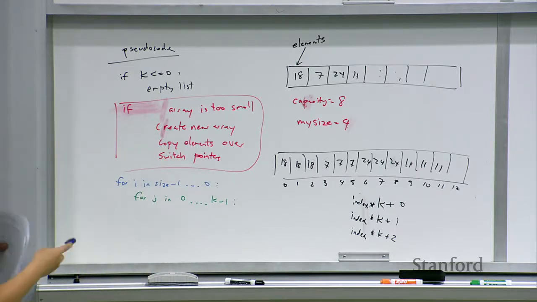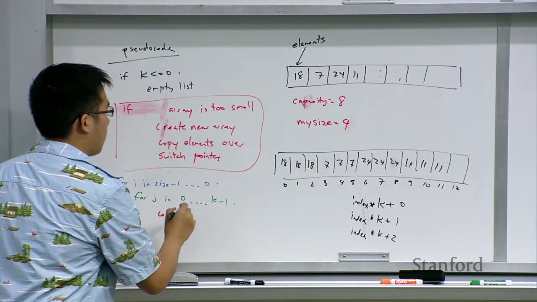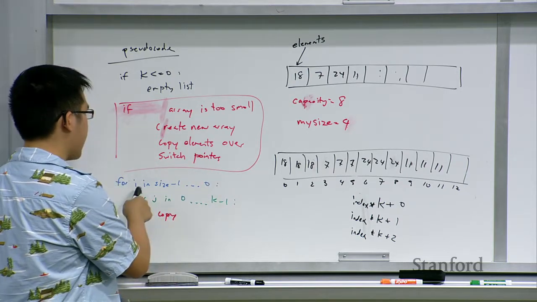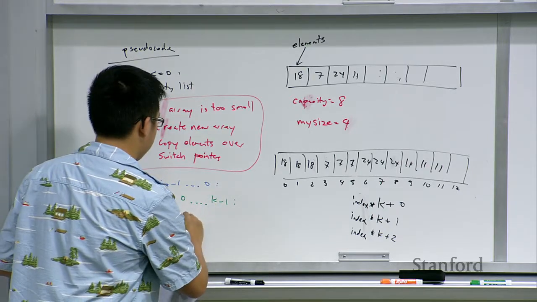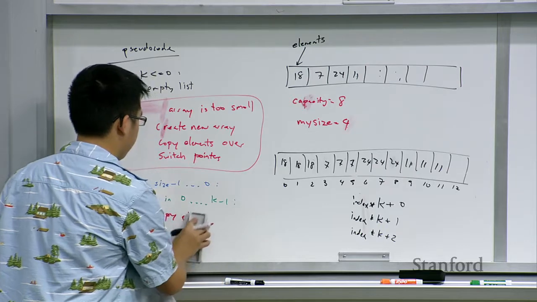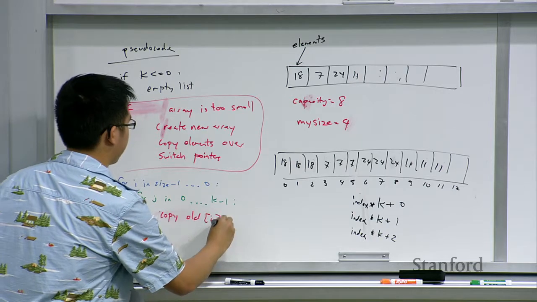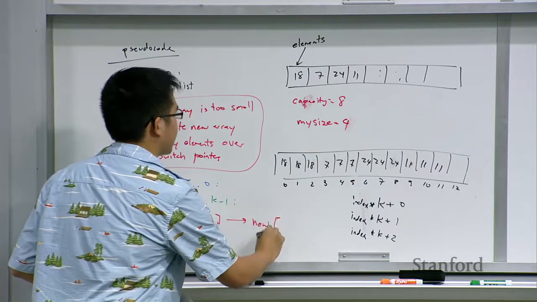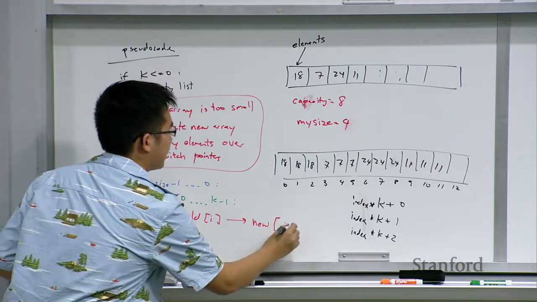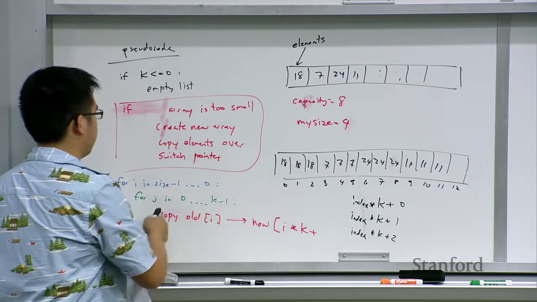what you should do is copy the elements one by one over. So let's say we have to copy the old element at index i, and we want to copy it to the new array at index i times k plus 0 all the way up to k minus 1, which would just be j.